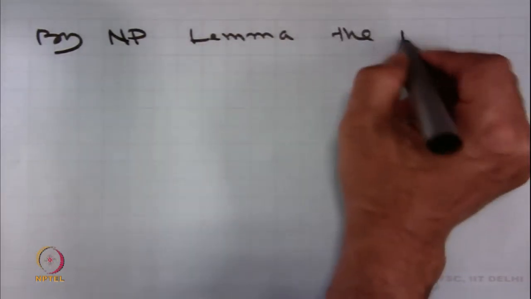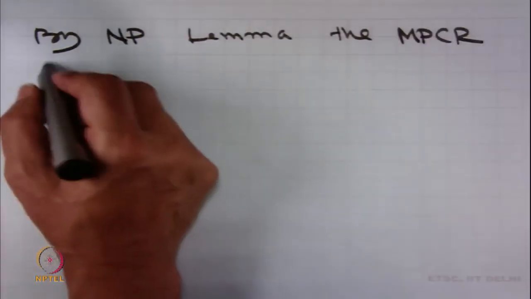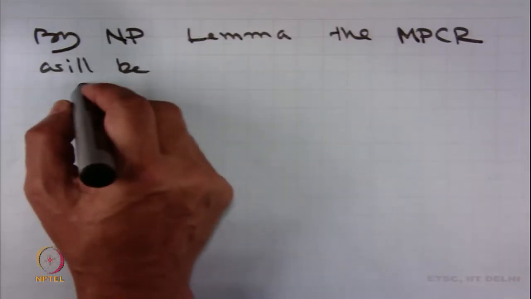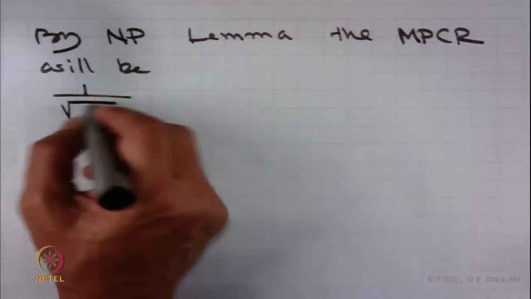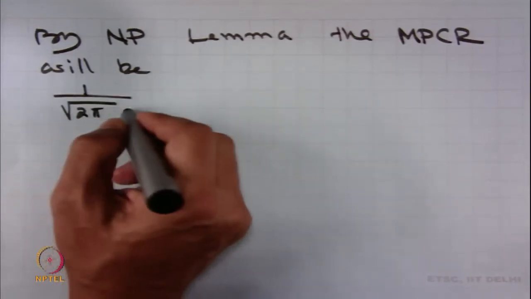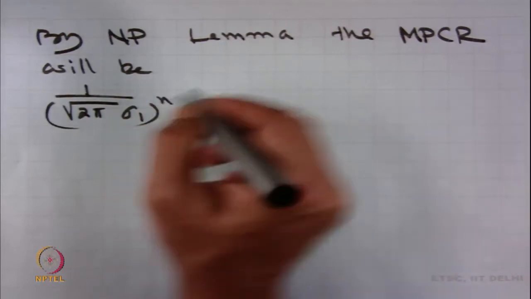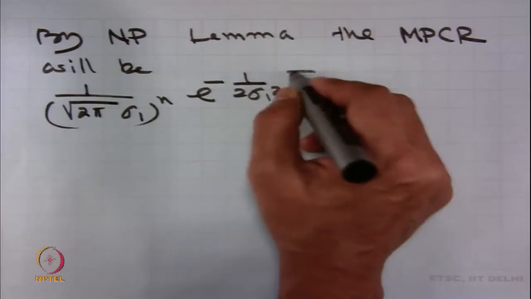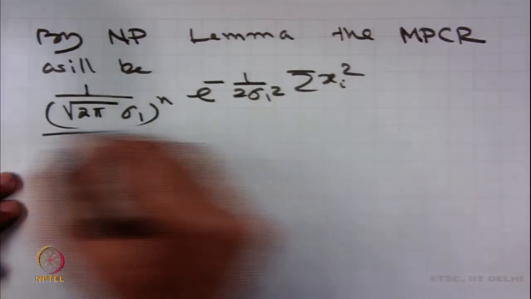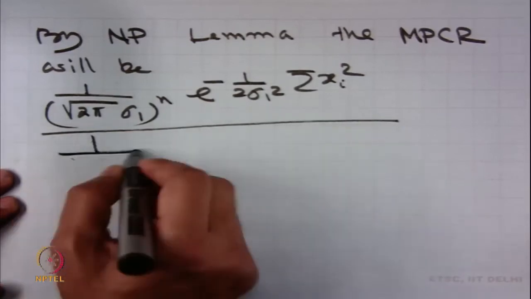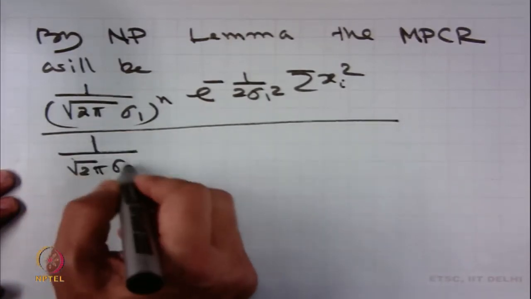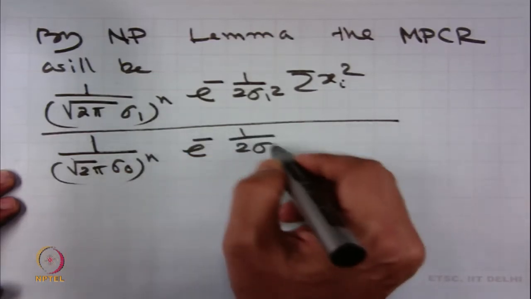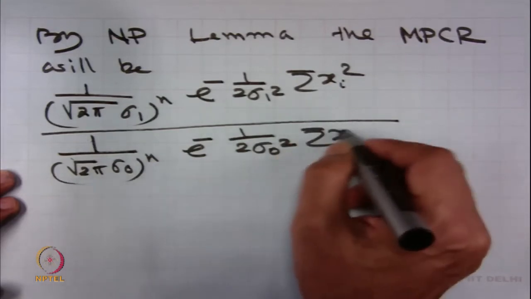the most powerful critical region will be 1 upon root over 2 pi sigma 1 whole to the power n into e to the power minus 1 upon 2 sigma 1 square sigma xi square, upon 1 over root over 2 pi sigma naught whole to the power n e to the power minus 1 upon 2 sigma naught square sigma xi square.